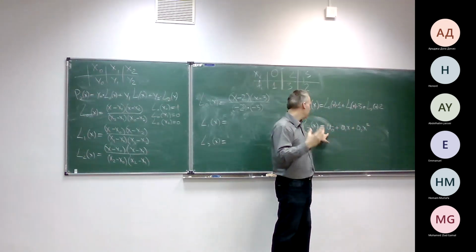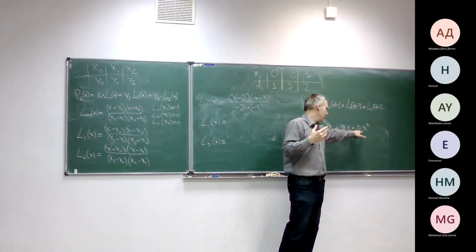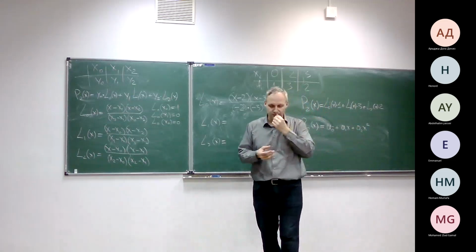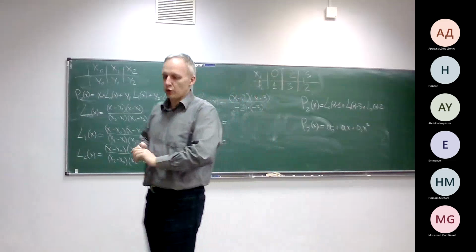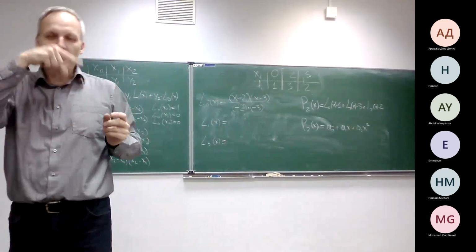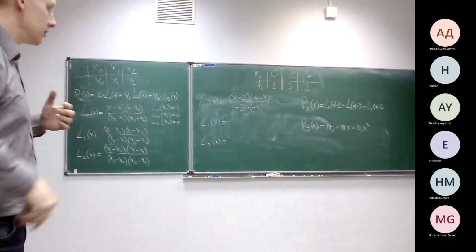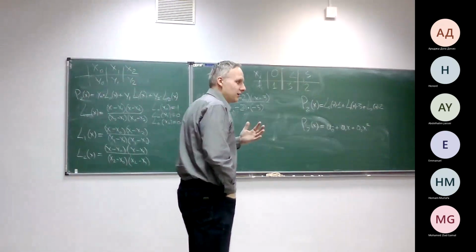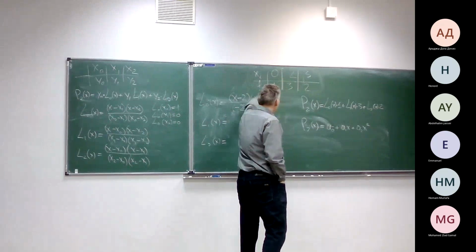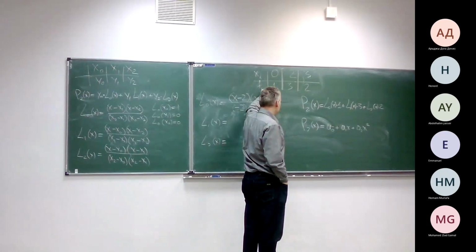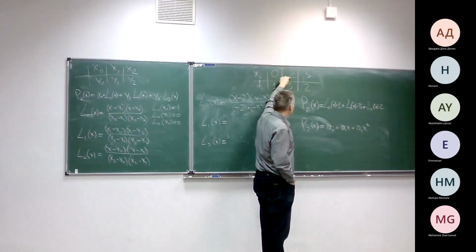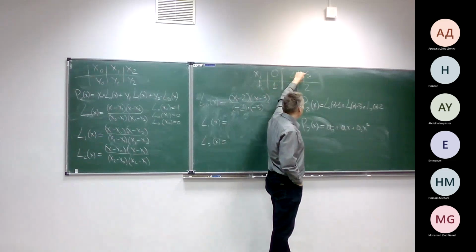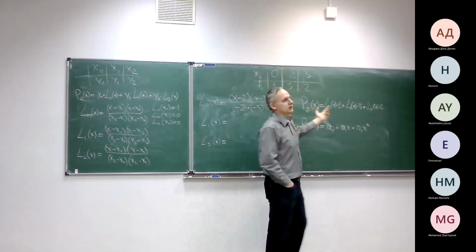You should find three numbers, A0, A1, and A2, and write the polynomial. And when you write it, it will be very simple to check if it is correct or not. You should substitute 0 and you get 1. You should substitute 2 and you get 3. You should substitute 3 and get 2.